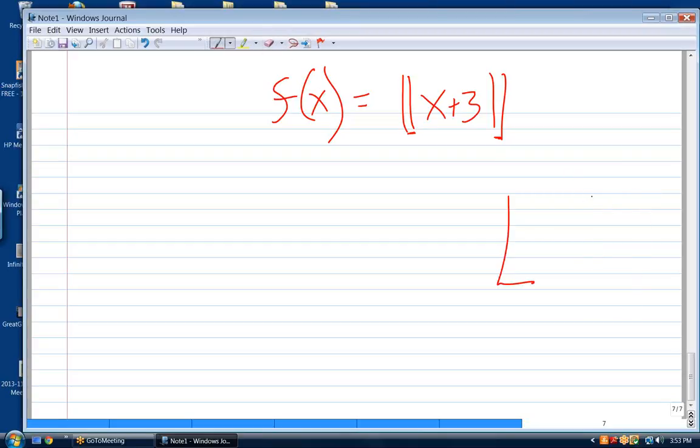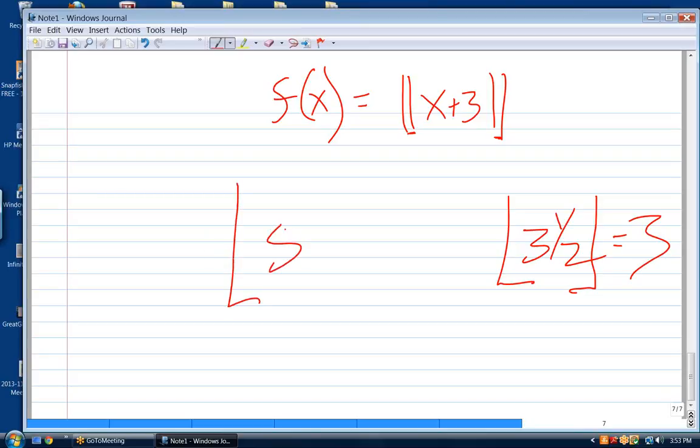I don't deal with this very often. In other words, what is the greatest integer of 3.5? It's 3. The greatest integer not greater than 3.5 is 3. The greatest integer of 5.1 is 5.